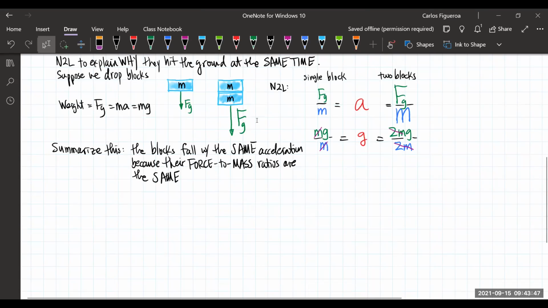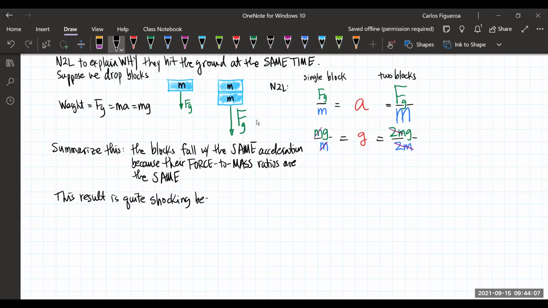Believe it or not, this result, I think, is quite shocking, because we rarely encounter free fall motion, which means what?